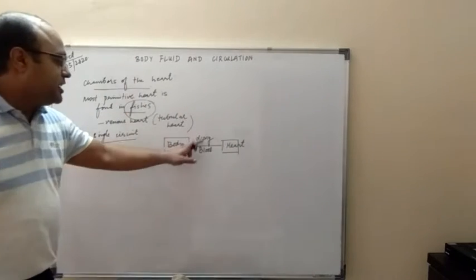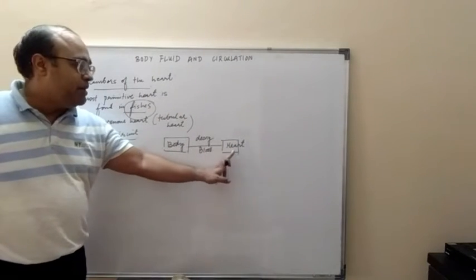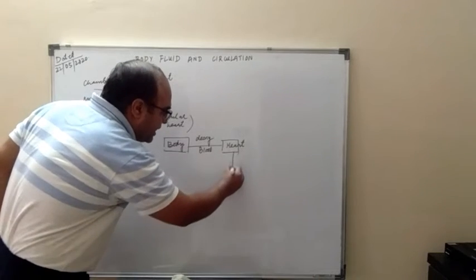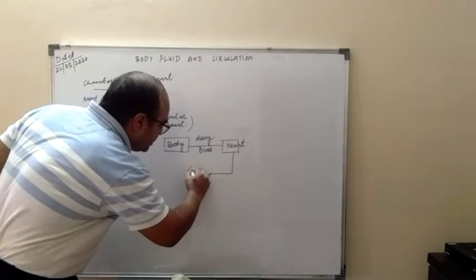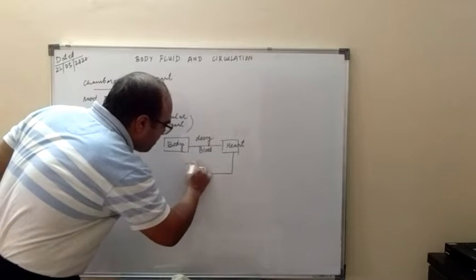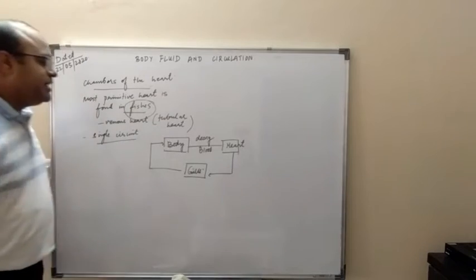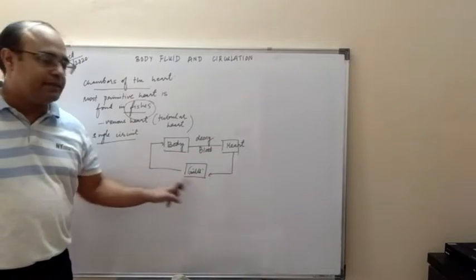Okay, the deoxygenated blood from the body is received by the heart. Now the heart directly pumps it to the gills for purification, and the gills in turn pass it on to the body.